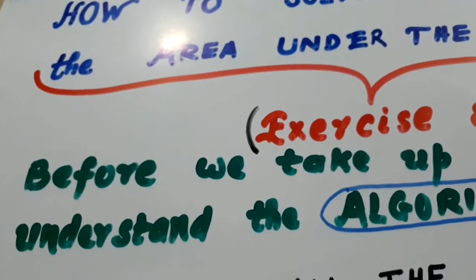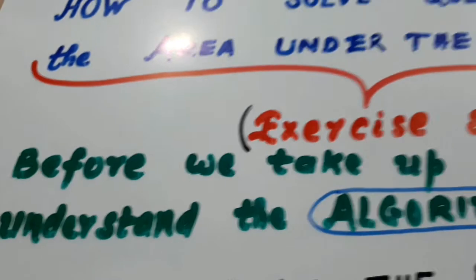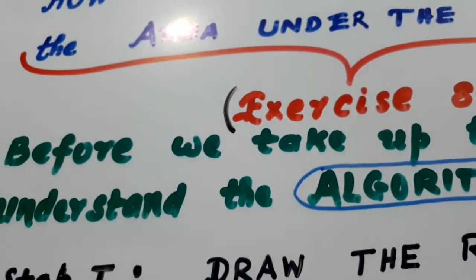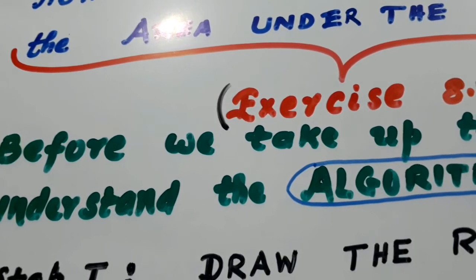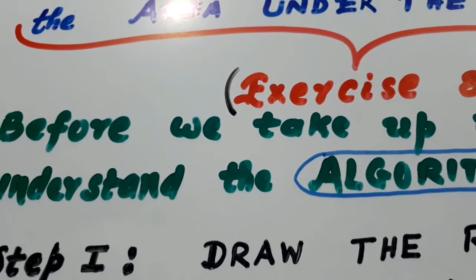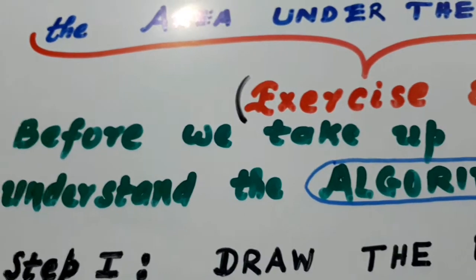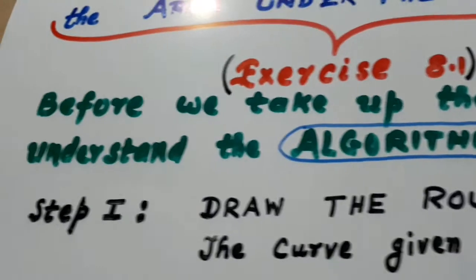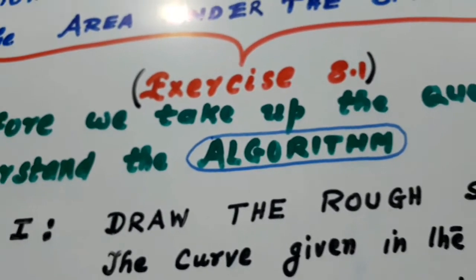So, I'll be taking up the questions from exercise 8.1. However, before that, I'll be explaining the procedure and what steps have to be taken. Before we take up the questions, let us understand the algorithm.